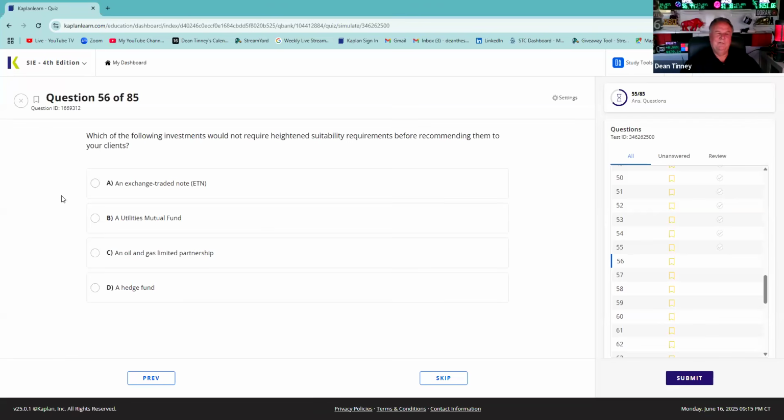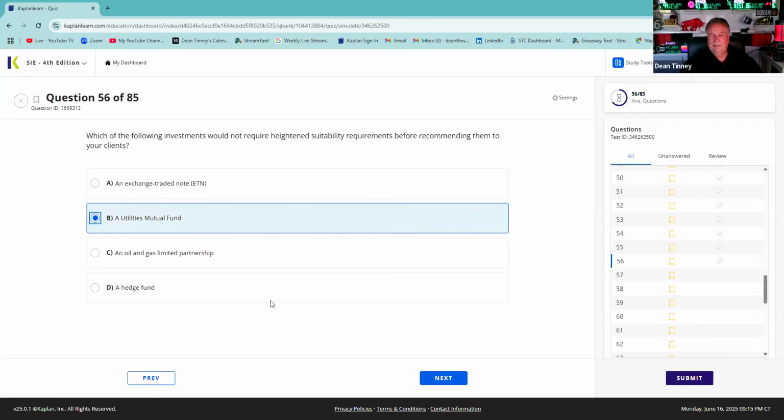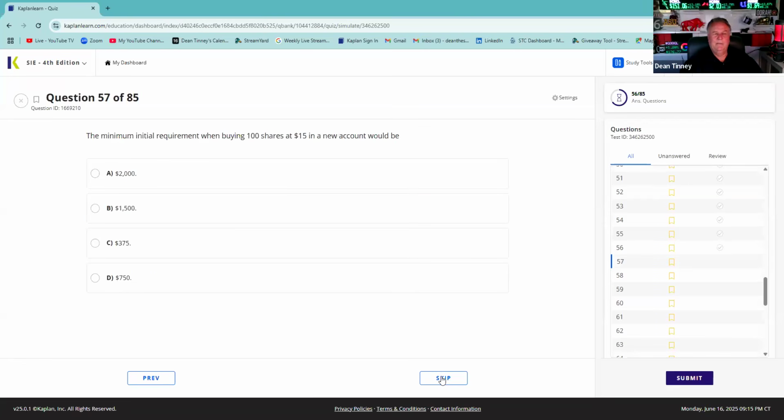Yeah, that's the most conservative thing, right? An ETN, a debt security, an oil and gas wildcat program, a hedge fund, those are all very dangerous things requiring heightened suitability.